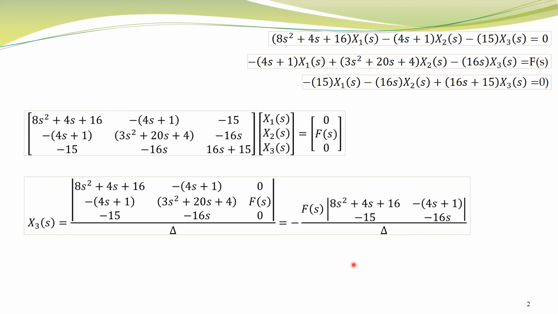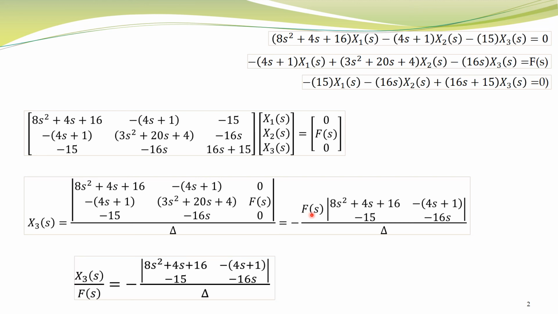Therefore, if we bring this term to the left hand side to find the transfer function, x3 of s over f of s is given by this relation, where again this delta is the determinant of this matrix. As homework, you are required to expand these determinants to find the overall transfer function for this particular system.